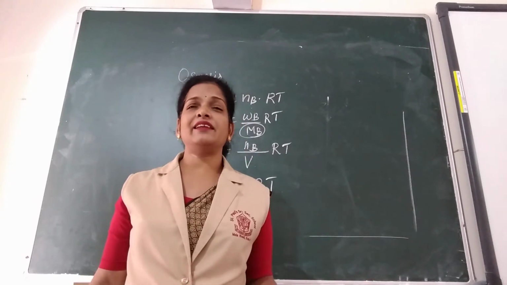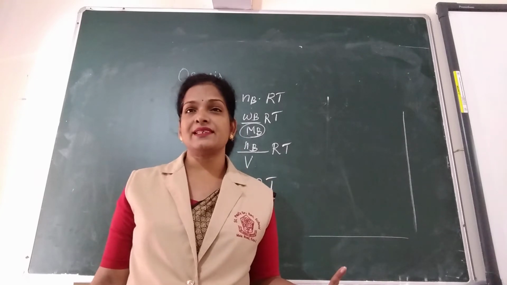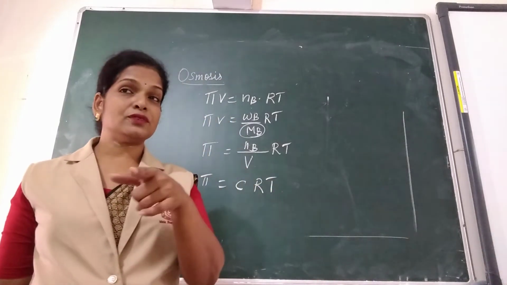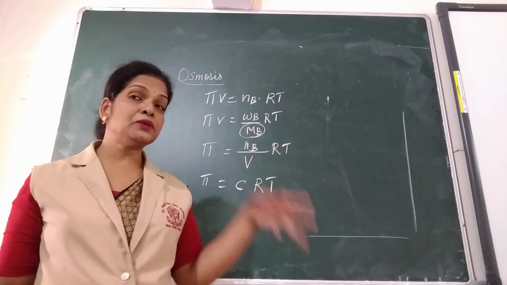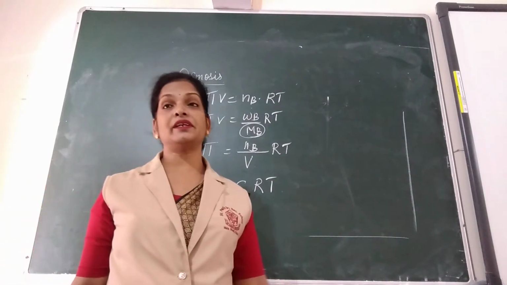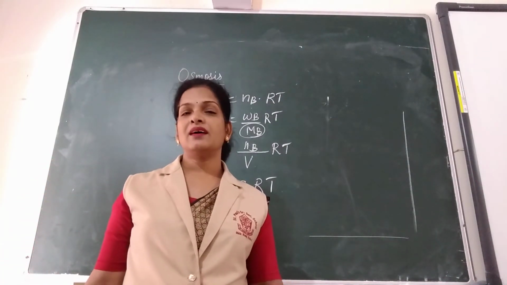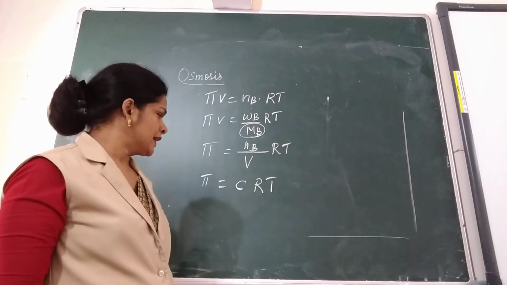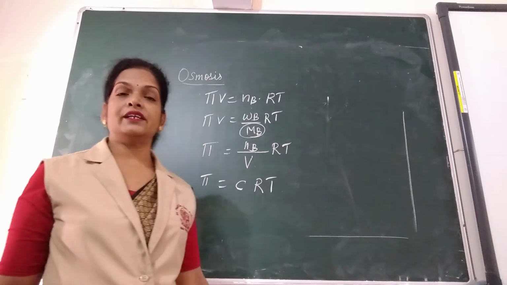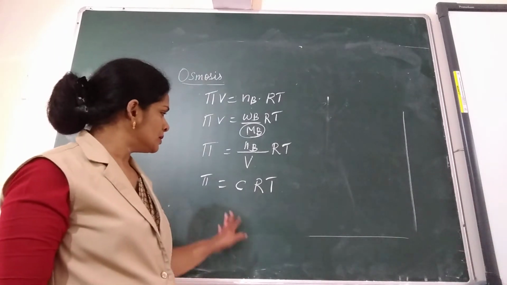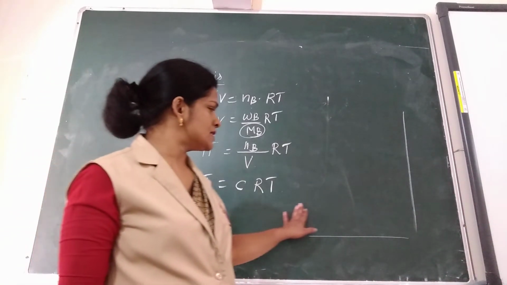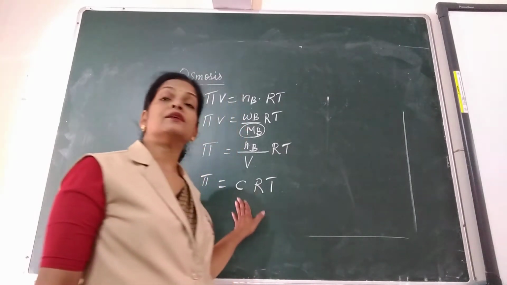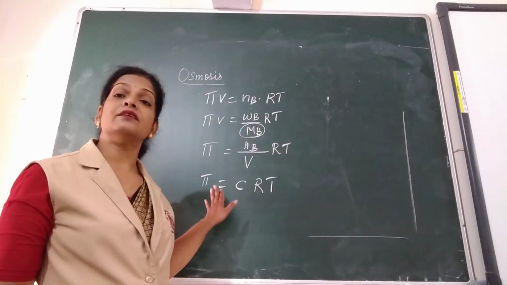If it is naphthalene and all, okay, 80 degrees Celsius melting point. But if the solvent is water, then you have to go down to 0 degrees Celsius, which is not easy at normal room temperatures, normal atmospheric conditions. So osmotic pressure measurement is at room temperature.